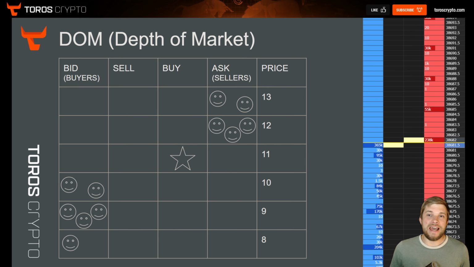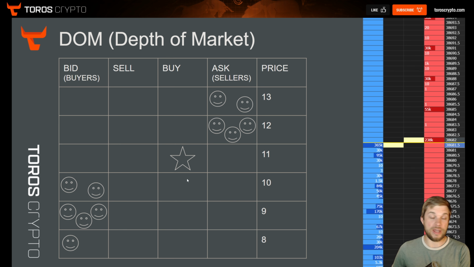So now the market has a decision to make. You've seen that a product has just sold at $11, but there's no one left at that price to make a transaction. So you either need to wait for a buyer to step in and buy one of these products coming from the ask side, or you need to wait for a seller to step in at a lower price that's happy to take one of these bids here on the left.